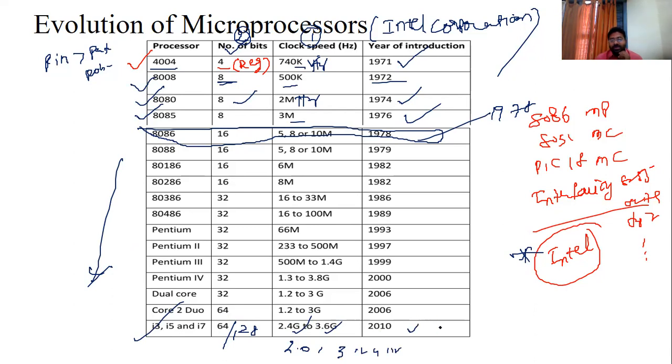We will see that in the year 2020, so there is an 11-year gap. We have different generations: first generation, second generation, third, fourth, and I think they are now running the 11th generation. Now these are some of the evolution of the domain.